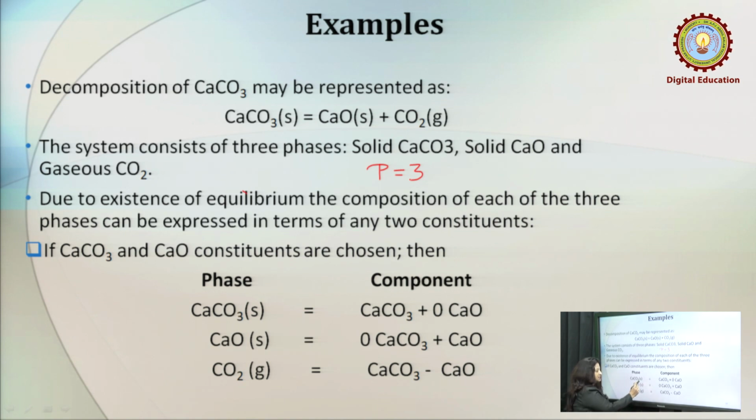The composition of calcium carbonate is then CaCO3 plus 0 CaO, so we can use a 0 term here. Calcium oxide's composition may be represented as 0 CaCO3 plus CaO. So CaCO3 and calcium oxide are each represented with the help of these 2 chemical constituents, keeping this 0 here. Now in the third step, the carbon dioxide composition is represented by calcium carbonate minus CaO. So here you can use a minus entity also.